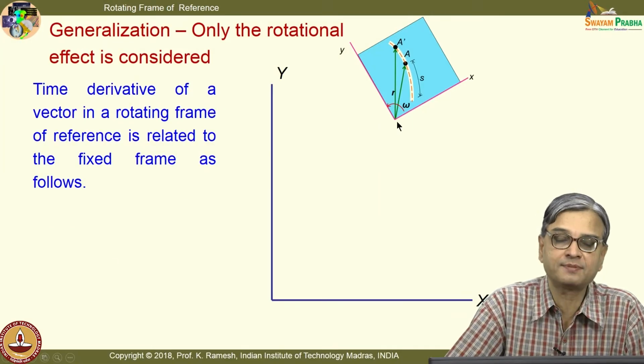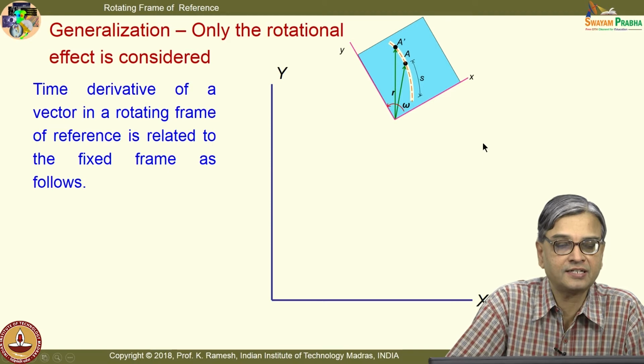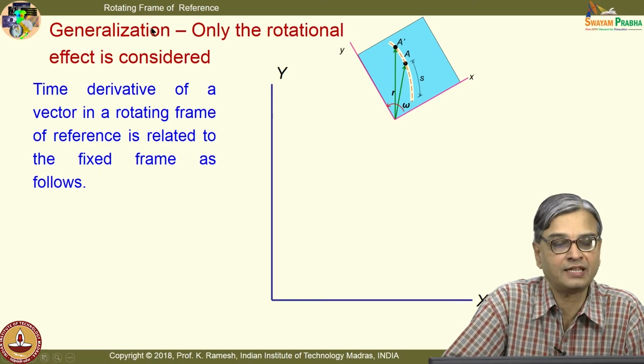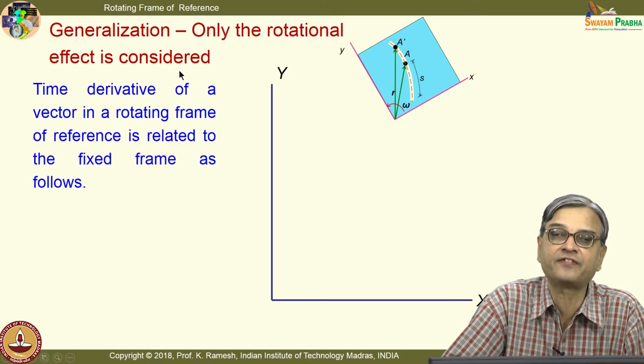And one of the concepts that we discussed in the previous class was, how do you express the time derivative of a vector in a rotating frame of reference to a fixed frame of reference? And we have done the generalization, only the rotational effect is considered.